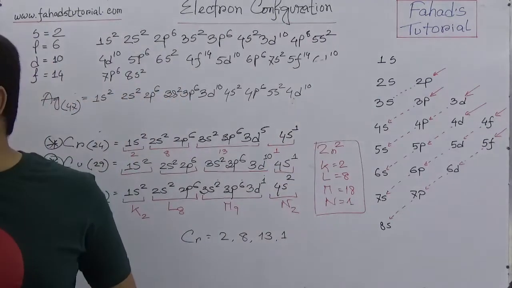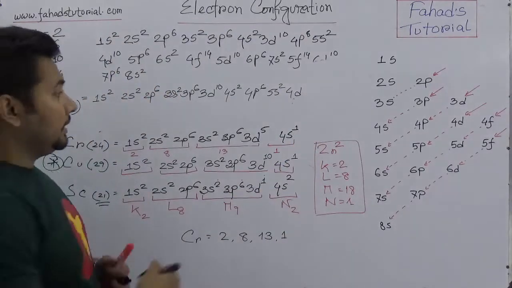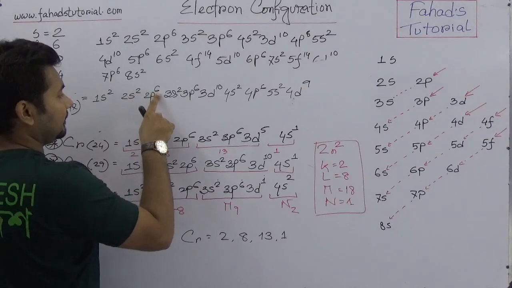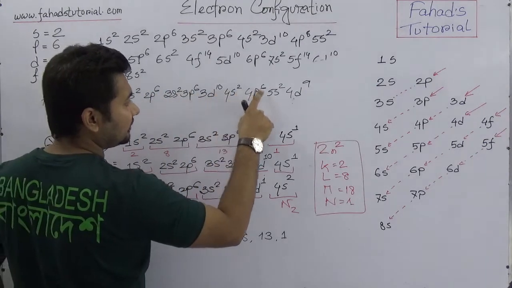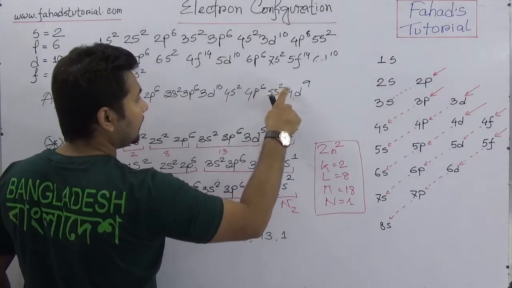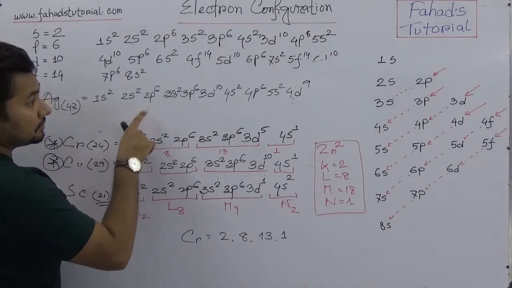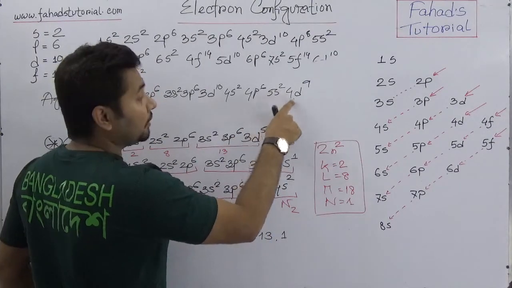So we can say that it will be 49, and so 2, 4, 6, 10, 12, 18, 28, 30, 36, 38, and this is 47. So we see that the electron goes this way, like 49 and 5s2. So again, what we need to do?